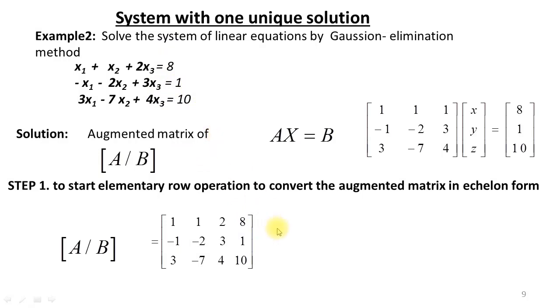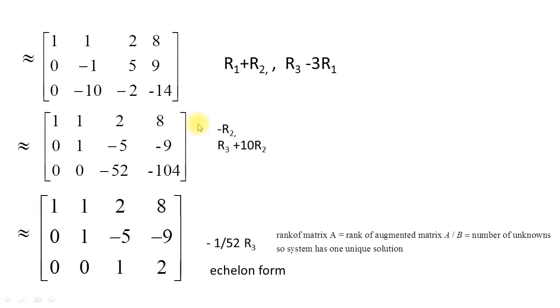Now, to solve this system by Gauss-Jordan elimination method, first of all, convert this augmented matrix to echelon form by performing some row operations. First of all, add R1 to the second row and subtract 3 times R1 from R3. We obtain the similar matrix 1, 1, 2, 8, 0, minus 1, 5, 9, 0, minus 10, minus 2, minus 14.